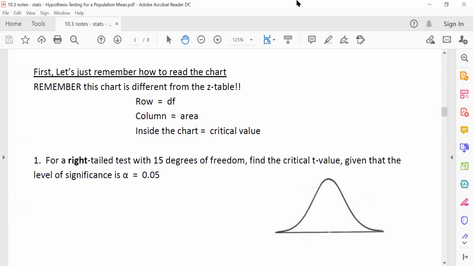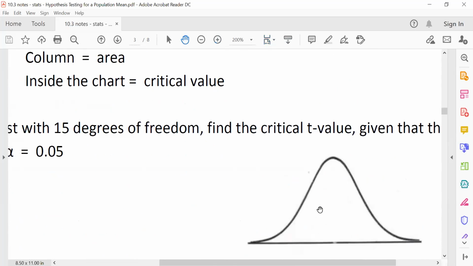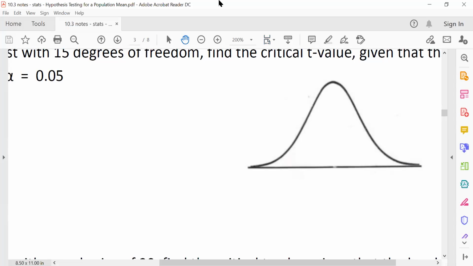So what we're looking for, I'll zoom in a little bit here. We're looking in this case for the t-value that has 0.05 of the data to the right. That's going to be our critical value here. There's going to be 15 degrees of freedom.